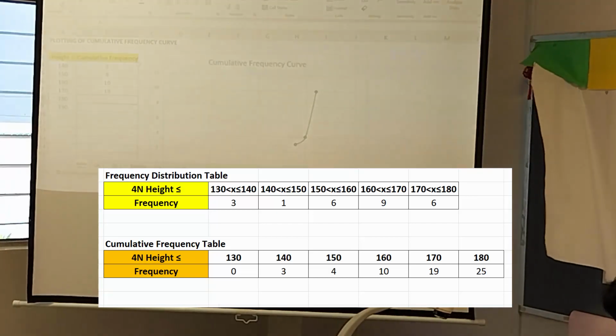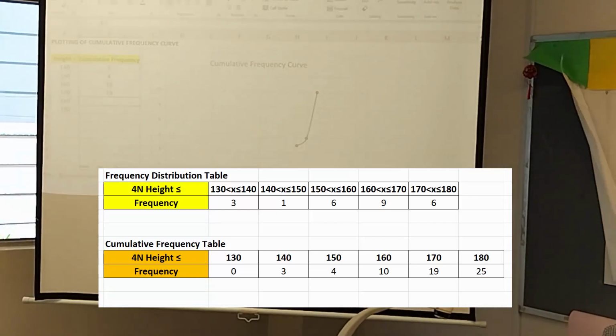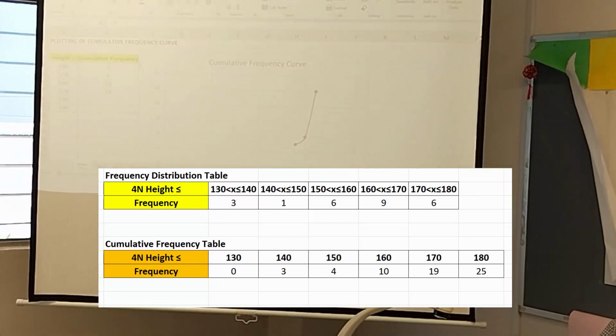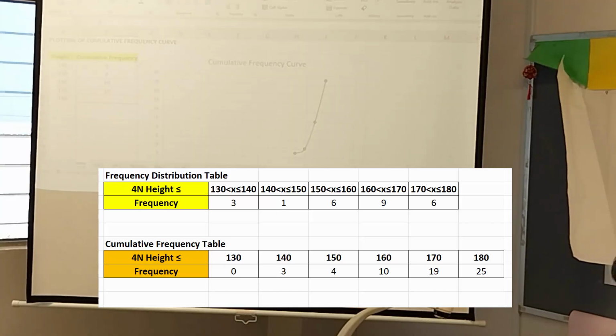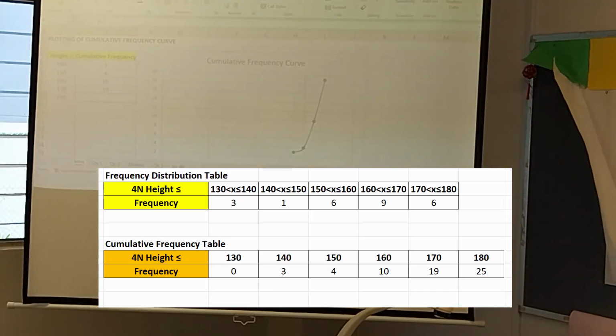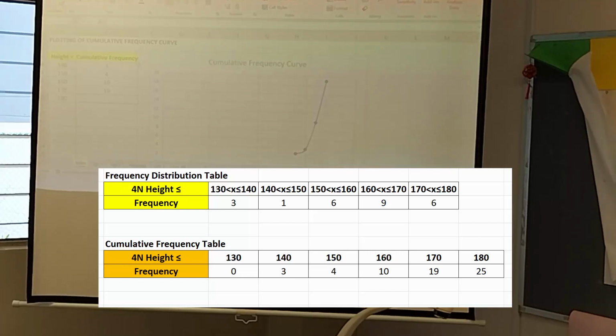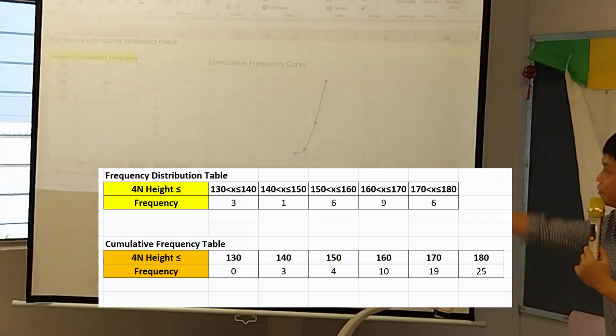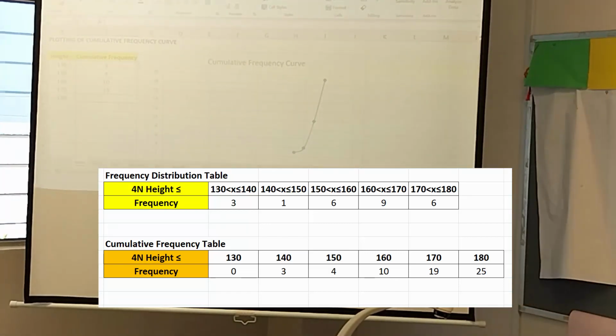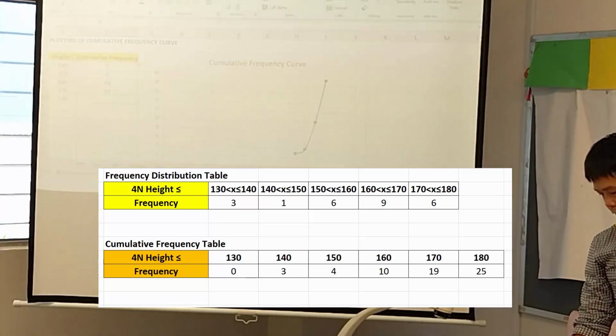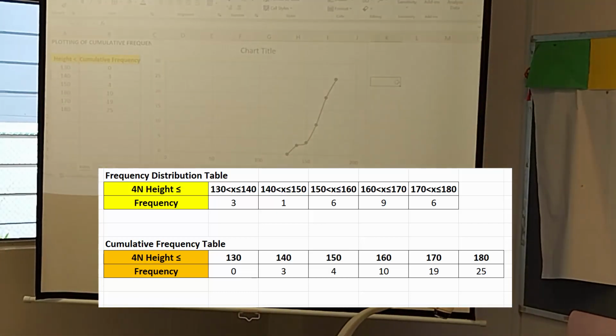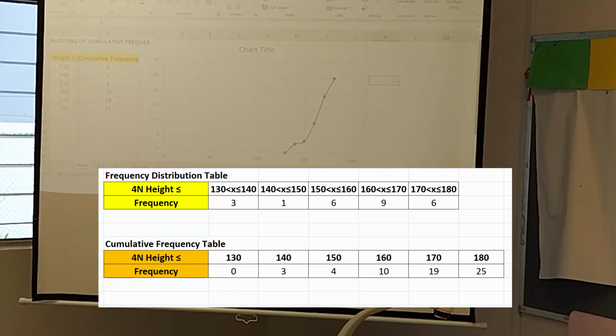And finally, how many less than 180? This one don't have. Okay, so this is 6. I have 19 plus 6. So 25. Does it look like an S shape?